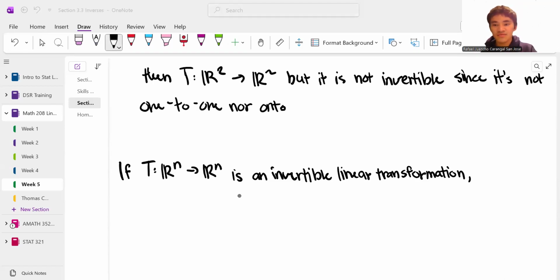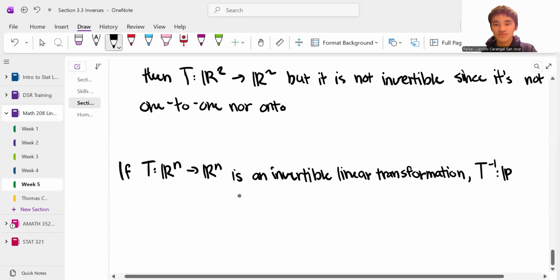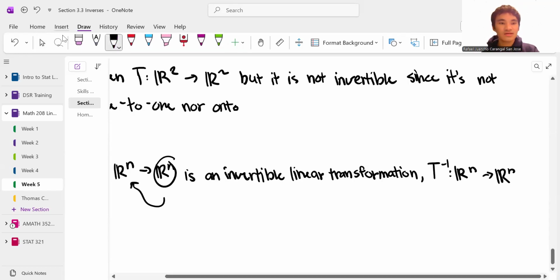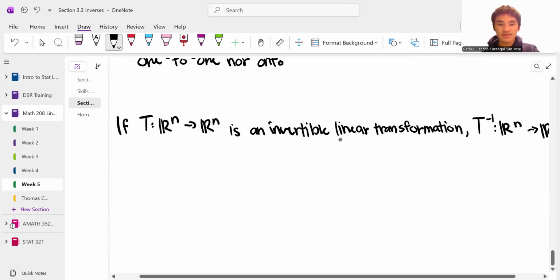Then we say its inverse goes from R^n back to R^n. That thing, the inverse, is also a linear transformation.